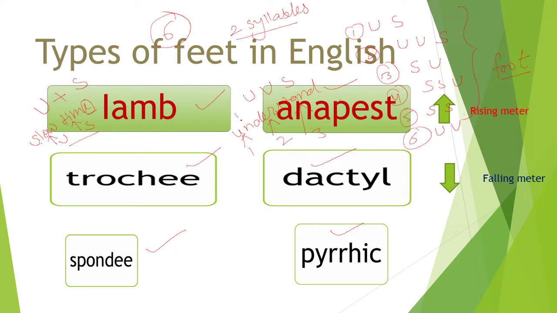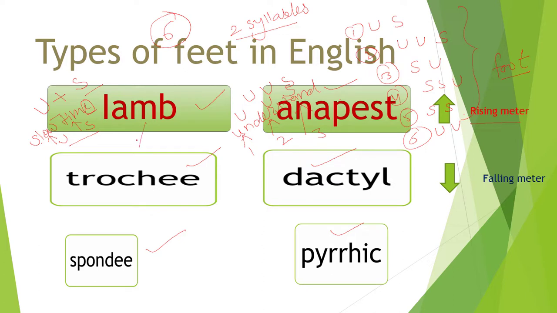The first 2 syllables are unstressed and the last syllable is stressed. This type of rhythm is called rising meter. Both iamb and anapest have a rising meter because initially we have an unstressed syllable, then the rhythm rises and we have a stressed syllable.